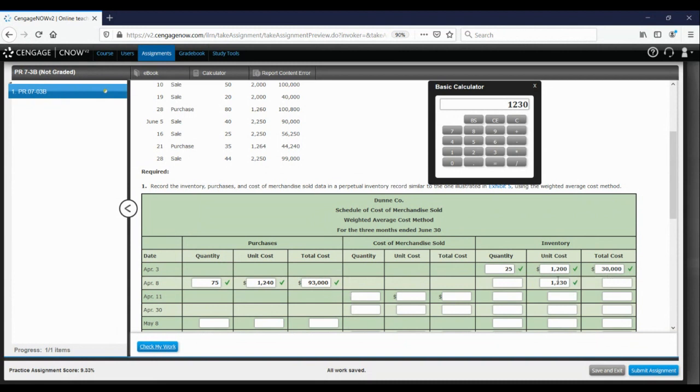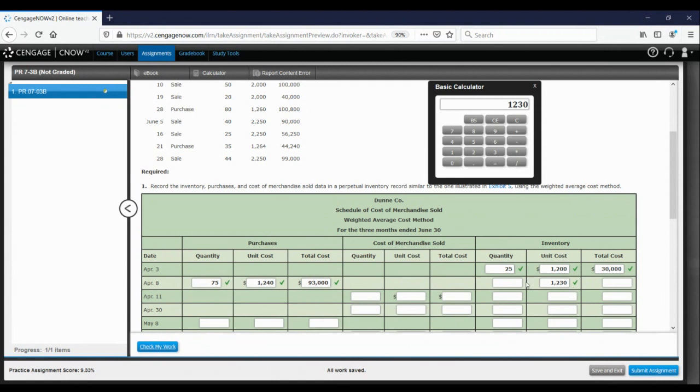I add the two of those together, and then I'm going to divide that by the total units, which I had 25 left over from before, and I just bought 75 more, which meant I had a total of 100 units. So I'm going to divide that 100 units into the total cost, and that's how I get $1,230.